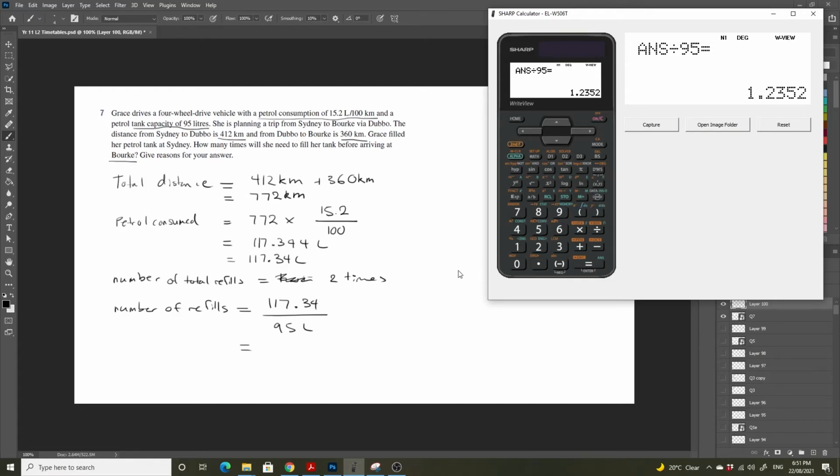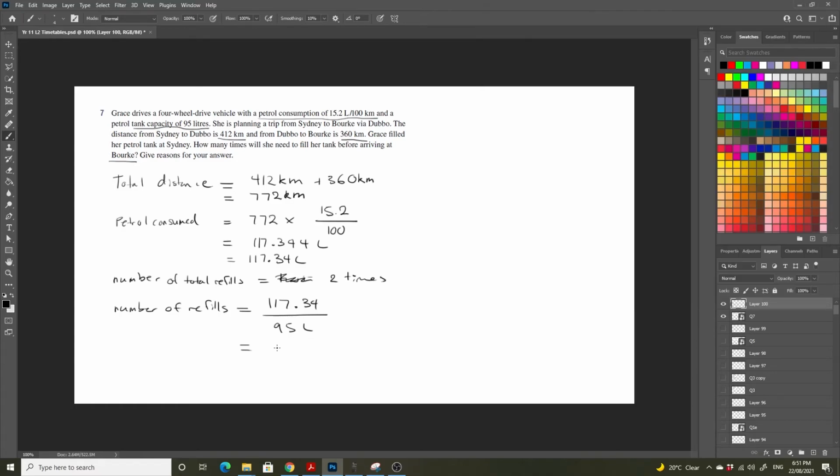She will have to refill it 1.2352, we'll round to 2 decimal places, 1.24 times. So this isn't a tremendously useful figure.